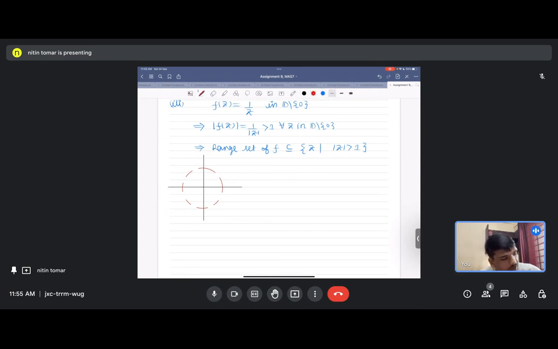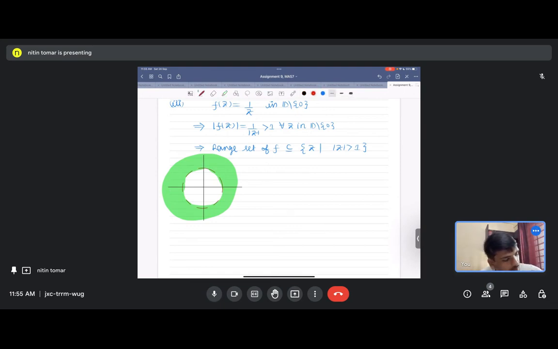So the range set is contained in which set? The range set is contained outside this set, right? Just a minute. Yes or no?